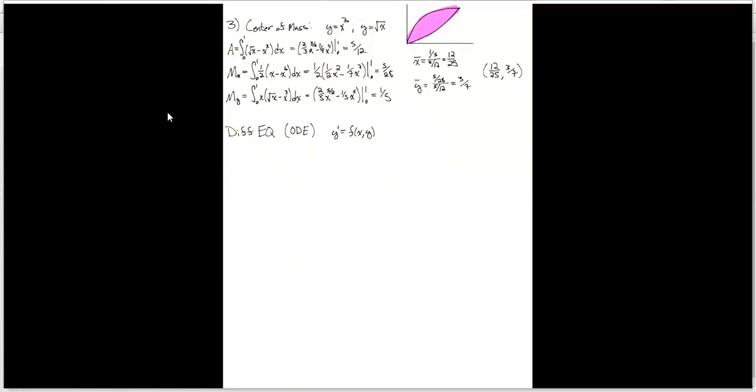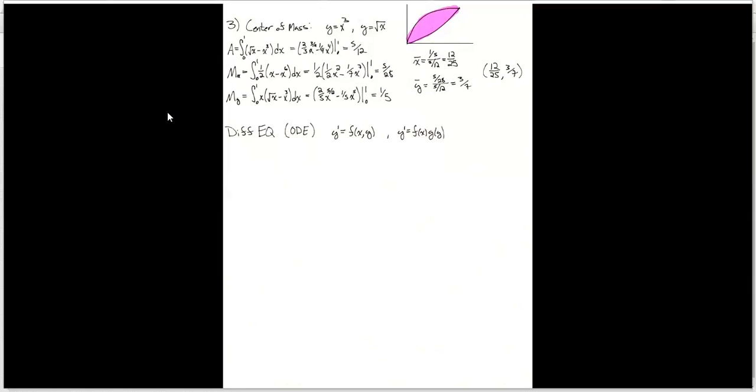And typically they would look like this, a function of x and y. More importantly, we're going to be looking at a special case where y prime is equal to a function of x times a function of y. So we're actually able to separate these functions, and separation of variables is adequately named.